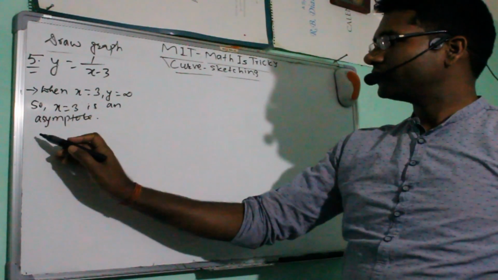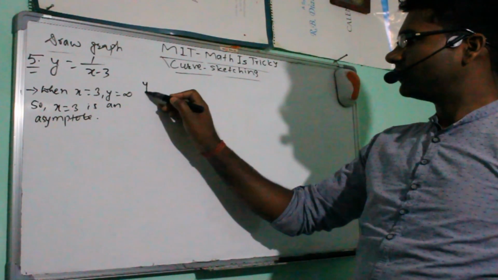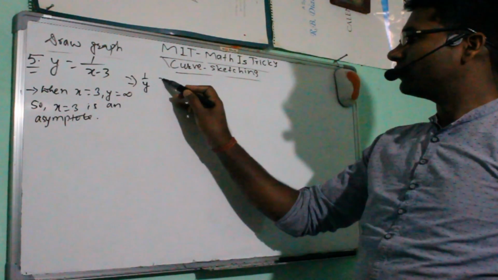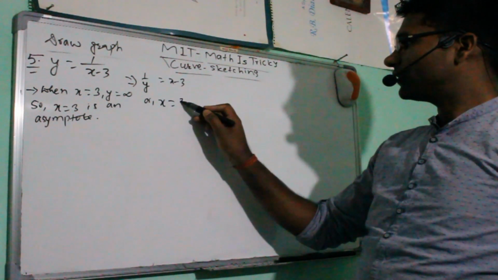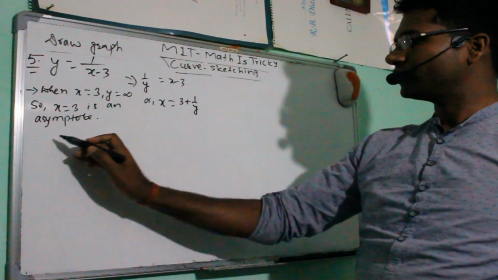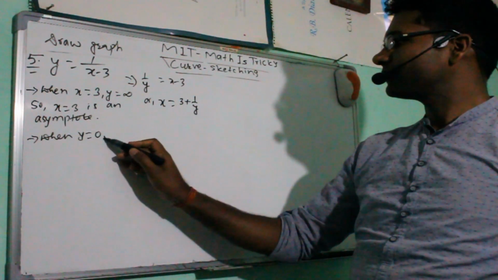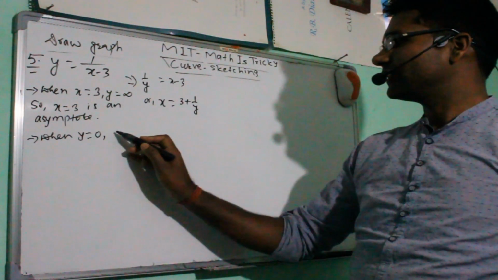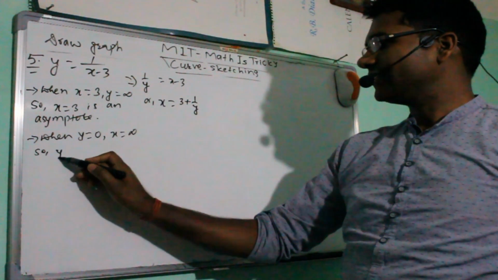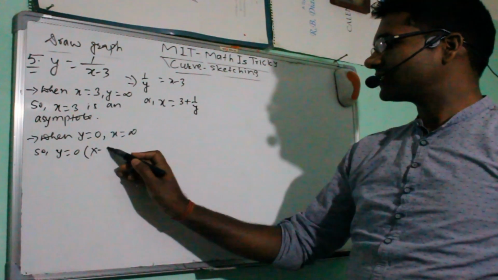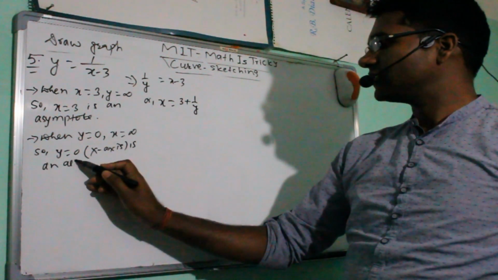Also, you can write this as 1 by y equals x minus 3, or x equals 3 plus 1 by y. So we can write, when y equals 0, x equals infinity. So we can say that y equals 0, that is the x-axis, is an asymptote.